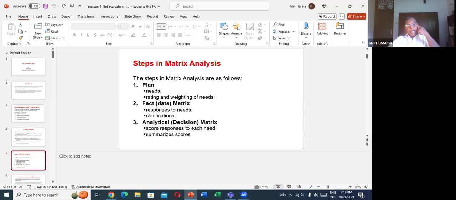Then third, analytical or decision matrix, we prepare score responses to each need. So we allocate basically criteria, sometimes sub-criteria also, and then summarize scores, right?